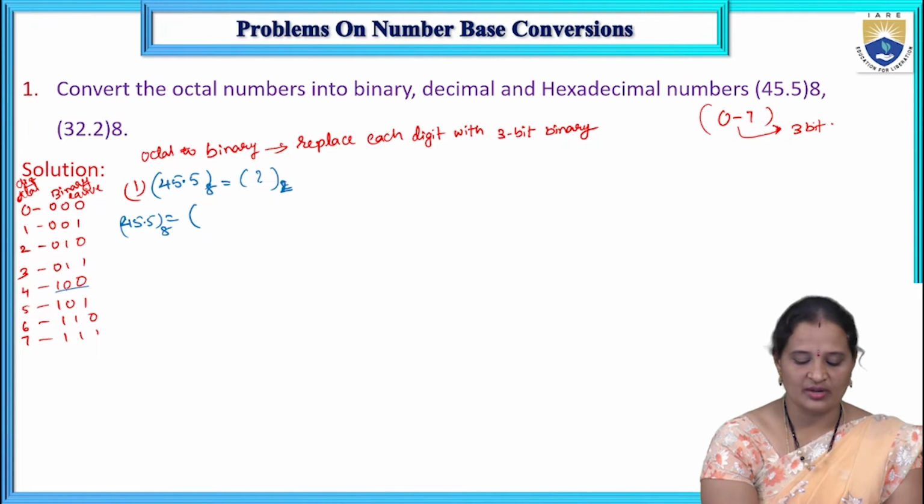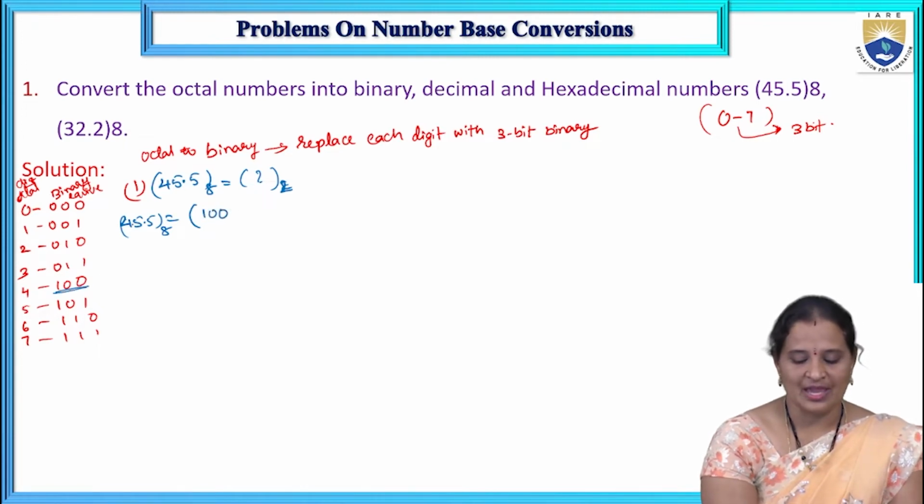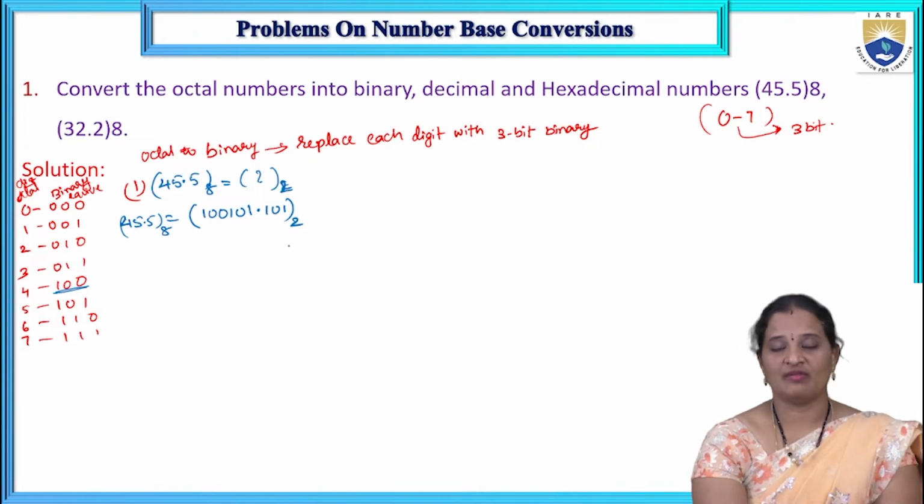The binary equivalent of octal digit 4 is 100, and octal digit 5 is 101. The point should be kept as it is, and again 5 is represented in binary as 101. This is the binary representation of the given octal number.